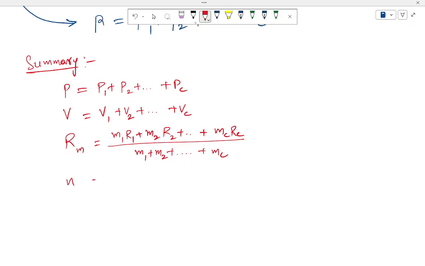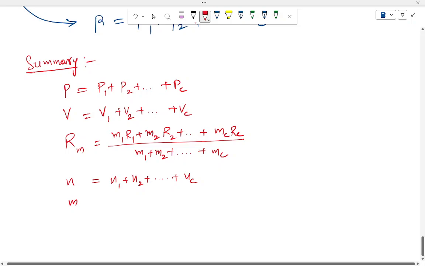Even N is taken as N1 plus N2 plus so on plus NC. And M is also taken like M1 plus M2 plus so on plus MC. And temperature we cannot speak in these terms.